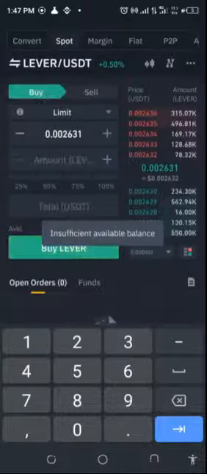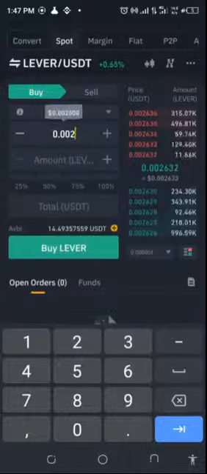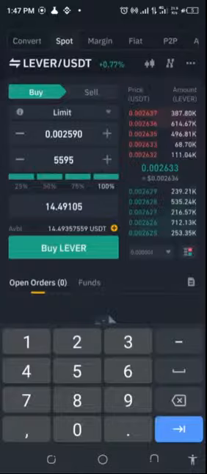So let's go ahead and change that to 2590. We could actually do it lower than that, but we're just looking for something that's not too much at the bottom and not too much at the top, right? So I'm just going to do 100% of that, and I'll click on buy.